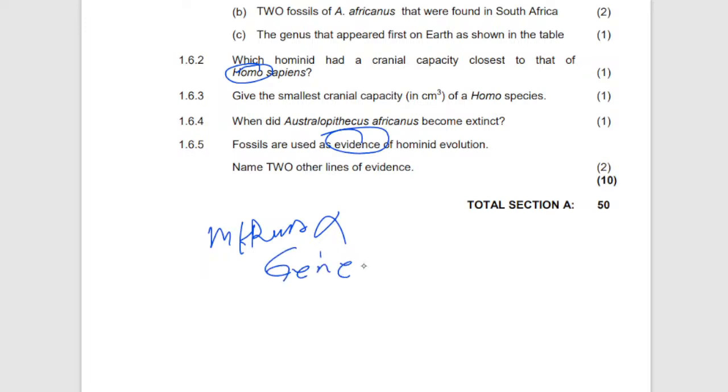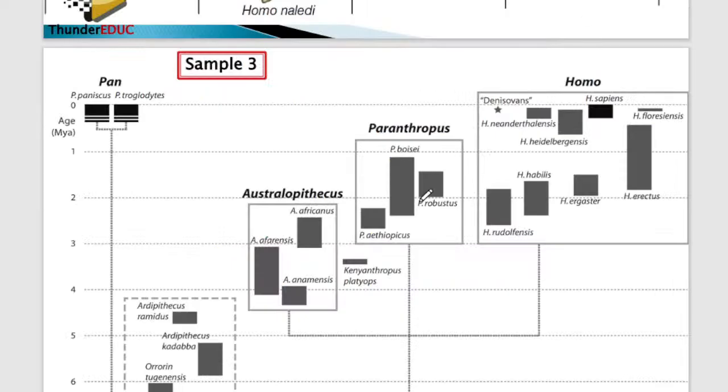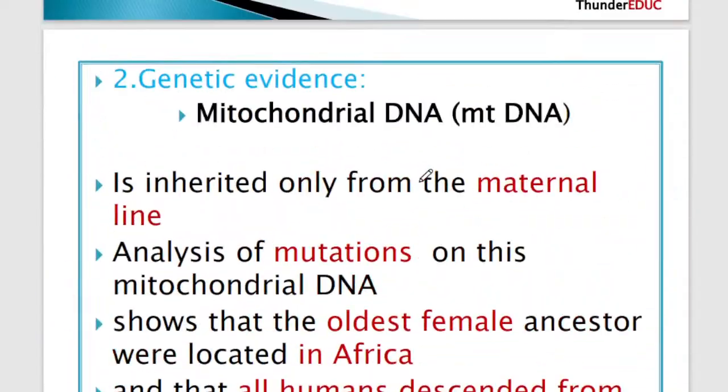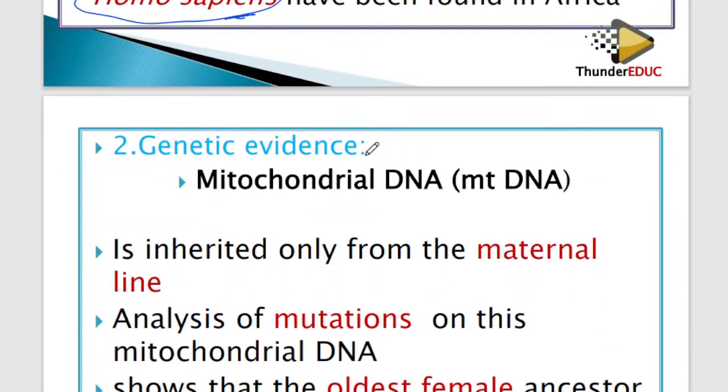So the answer is genetic evidence. That's what you are supposed to talk about. If you say mitochondrial DNA, we're going to cross it. Please don't say mitochondrial DNA. Always use genetic evidence, as I said here. The example of genetic evidence is the mitochondrial DNA.